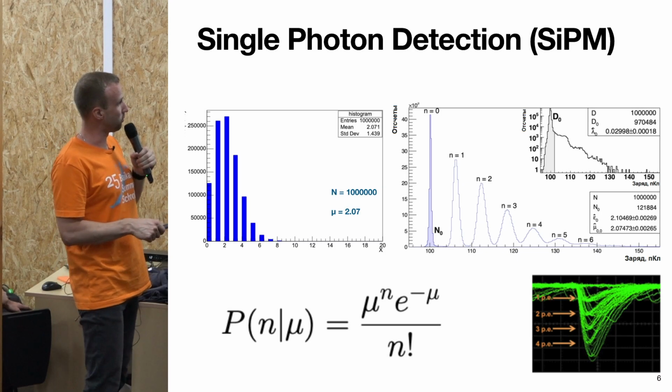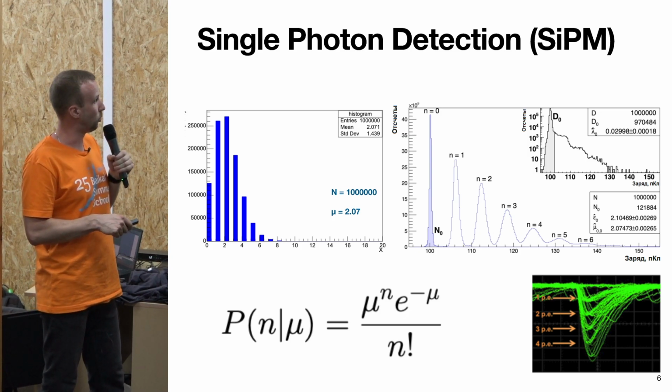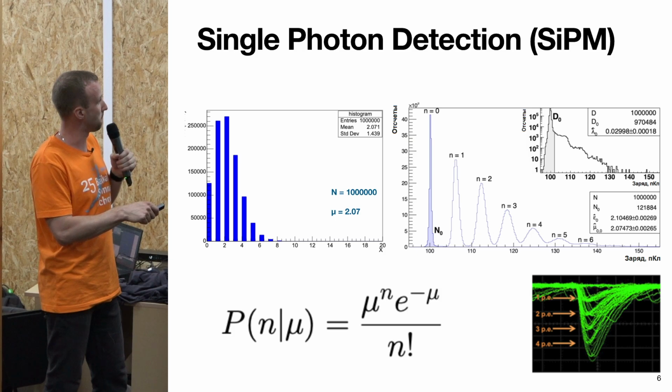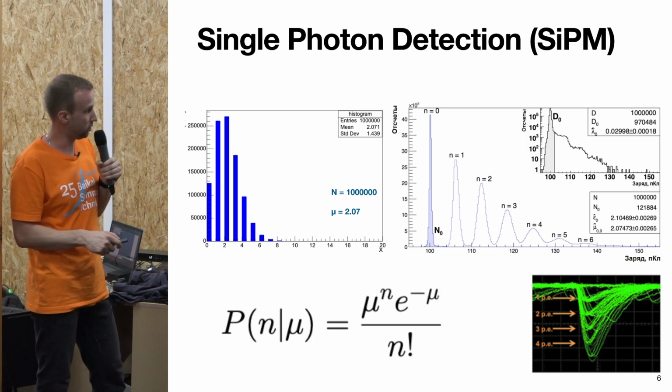So this is the spectra from the silicon photomultiplier, and if we want to evaluate the average number of photons, you see that we have the same average estimator, 2.1, and for that case we have 121,000 events in the first peak, which is called pedestal. What is a pedestal?